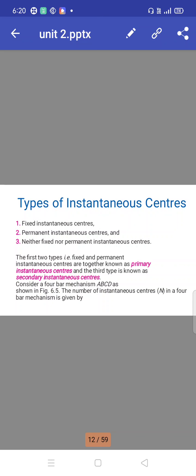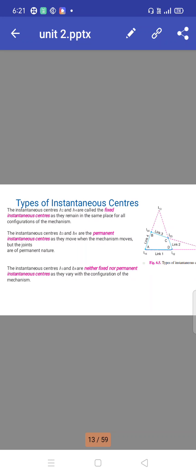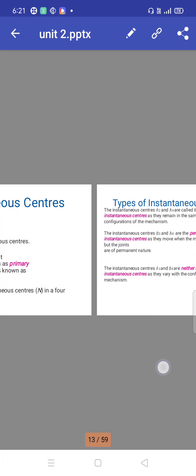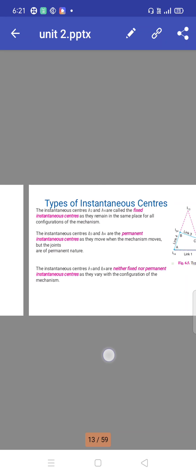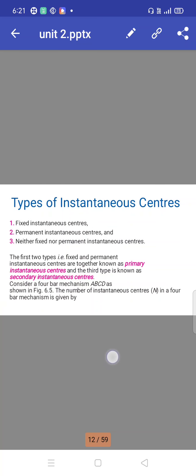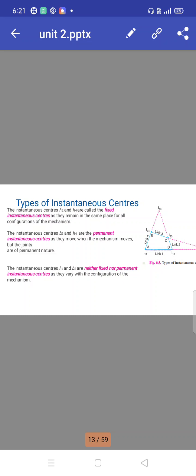Consider a 4-bar mechanism ABCD as shown. The number of instantaneous centers n in a 4-bar mechanism is given by the formula. The types of instantaneous centers: the instantaneous centers H2 and H4 are called the fixed instantaneous centers, as they remain in the same place for all configurations of the mechanism.